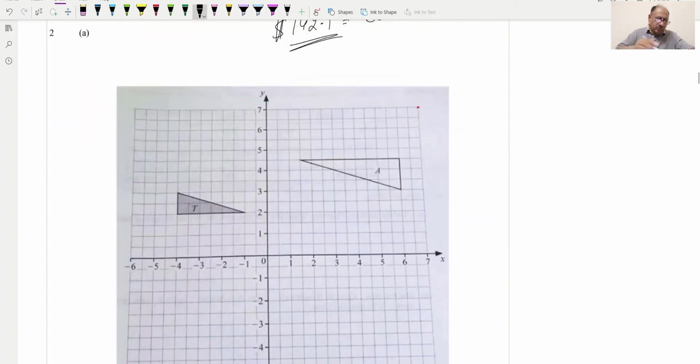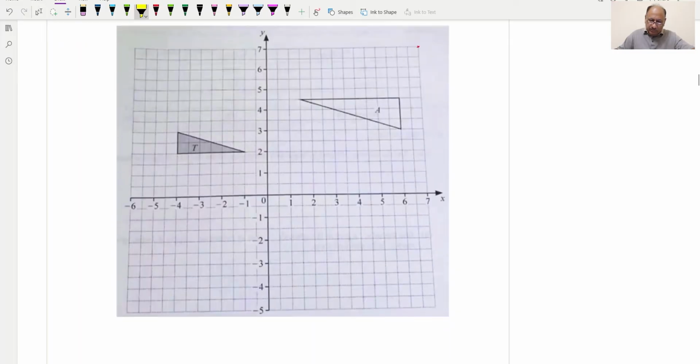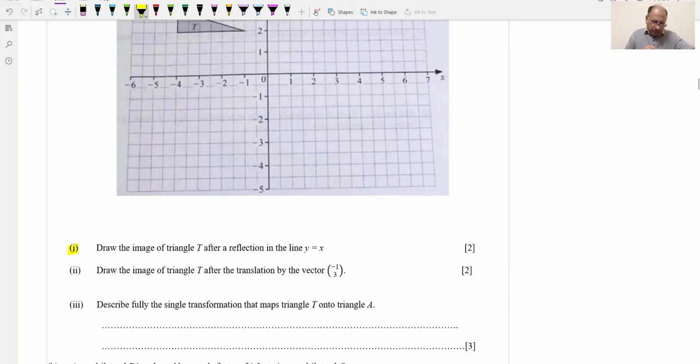Now question number 2, and question number 2's part A says this grid is provided, triangles A and T are provided, and part 1 says draw the image of triangle T after reflection in the line y equals x, and this is a 2 marks question. We have to reflect this in the line y equals x.